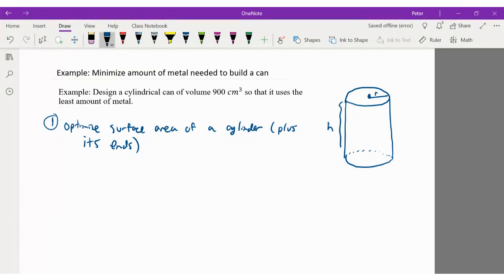So when we say we want to use the least metal, what we're really saying is we want the surface area to be a minimum for this can. So what we need to do is write the surface area as a function.